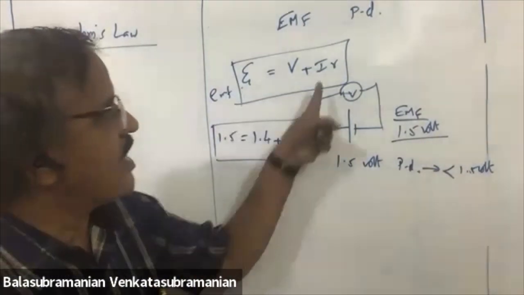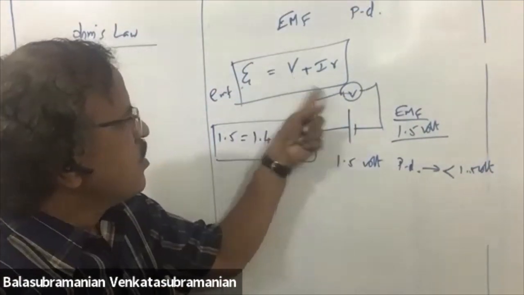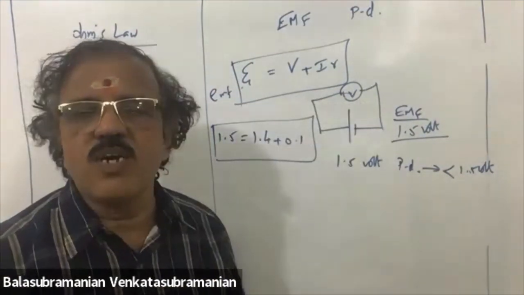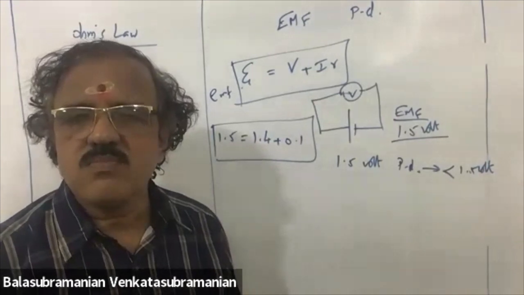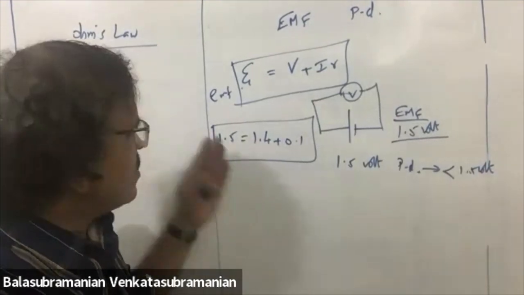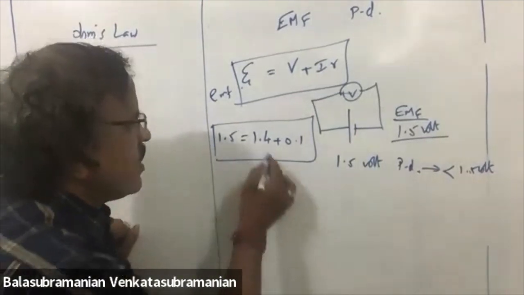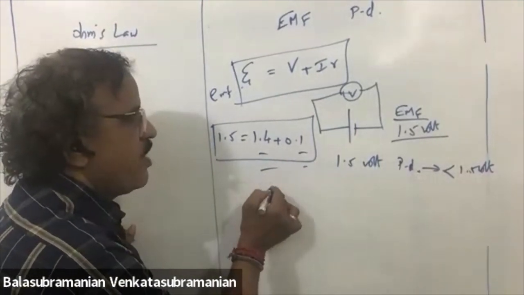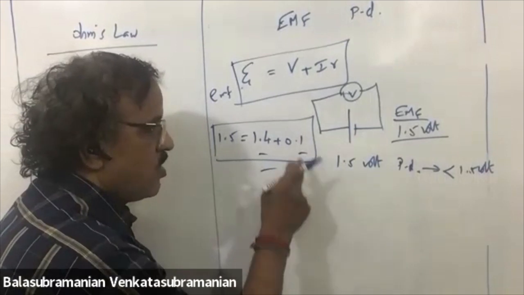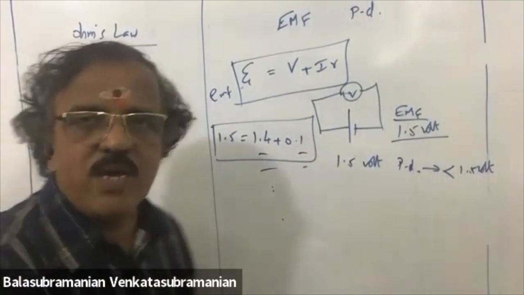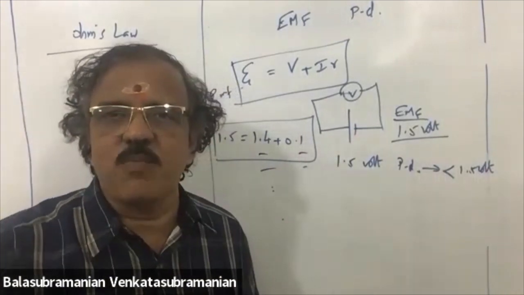The voltage drop across the internal resistance is 0.1, and the potential difference measured by the voltmeter is 1.4. The left hand side, 1.5, is fixed. Only here there is a modification: 1.5, 1.3, 1.2. That means the internal resistance of a cell may go on increasing as time passes.